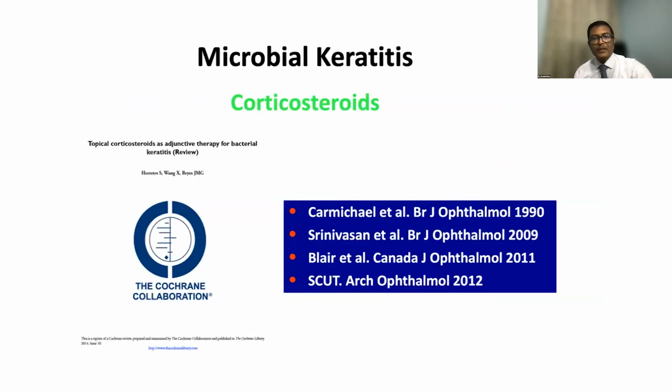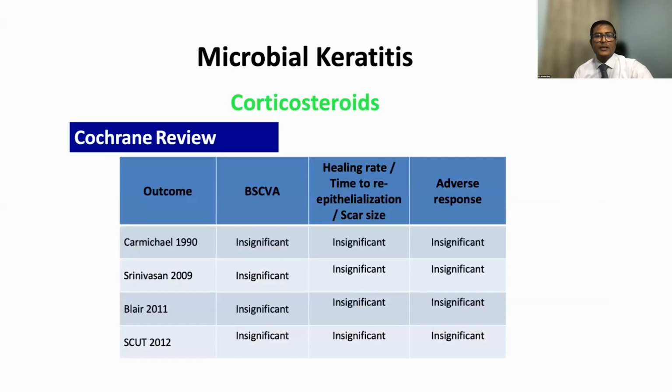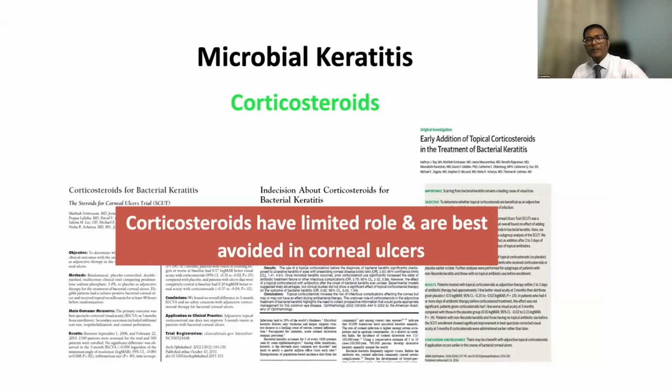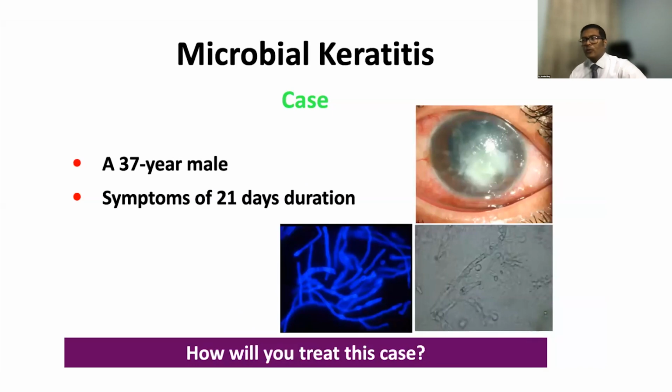There have been numerous studies, good quality evidence, which has shown that there is very little impact of using steroids with antibiotics in treating microbial keratitis. So this role is very limited, and co-treatment with corticosteroids is probably best avoided in corneal ulcers.